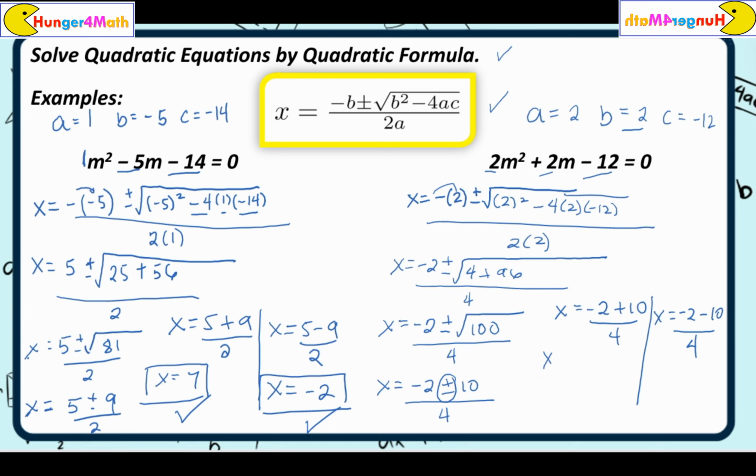So the first value of x will be negative 2 plus 10 is 8 over 4, and that is x is equal to 2. And here, x is equal to negative 2 minus 10 is negative 12 over 4. That is x is equal to negative 3. So here are your answers, 2 and negative 3.